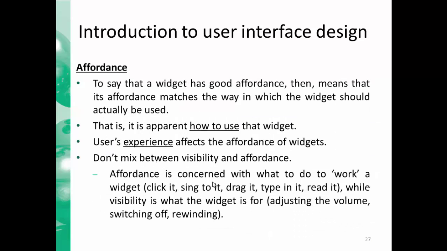How to use the object or the widget or the component is what we call affordance. If the appearance of the object or the widget tells me how to use it, then I will say that this object has high affordance.